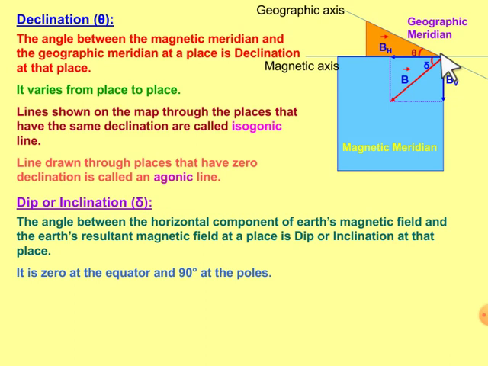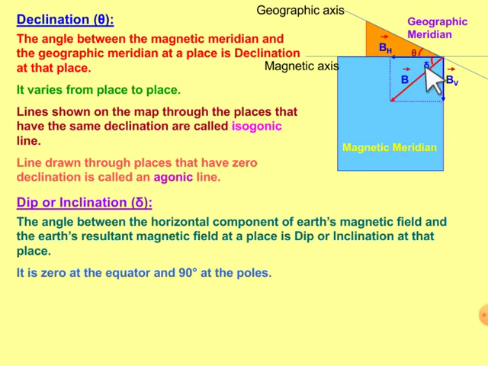But when you go from the equator toward the geographical northern pole, this angle will keep on increasing, and when you reach the pole, the north pole of the compass needle or magnetic needle will be aligned vertically like this.